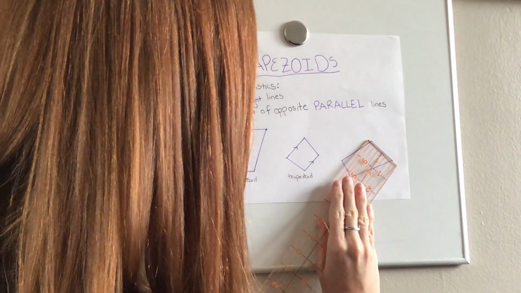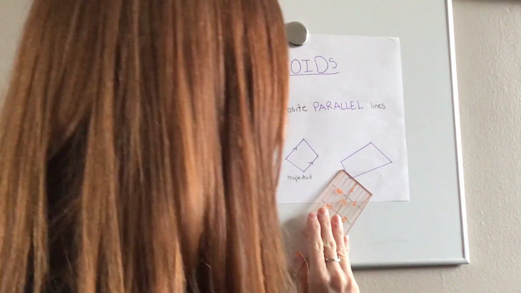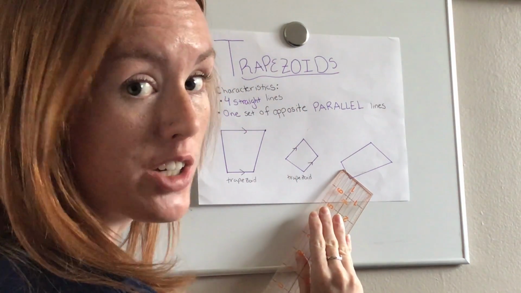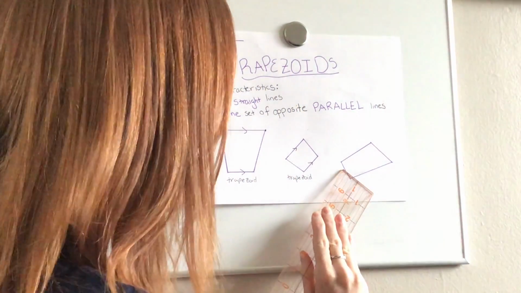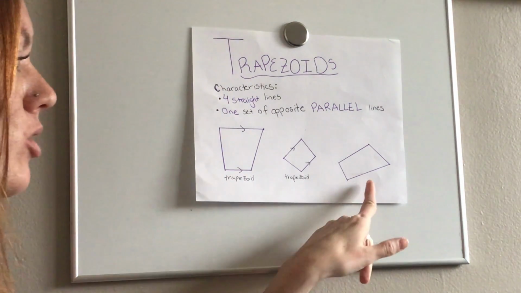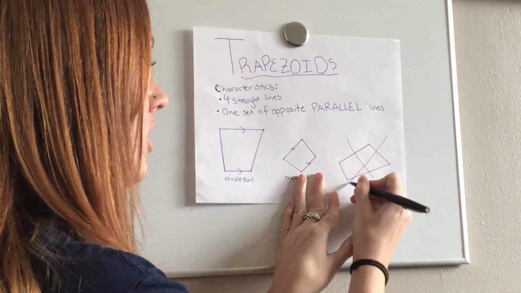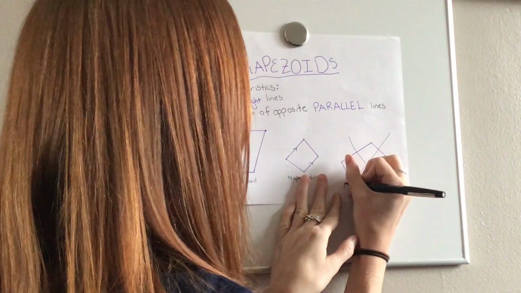Take my straight edge here, lined up, bring it slowly down. Those lines are not parallel. They will intersect. They're not lined up perfectly. This shape has no parallel lines, so it is not a trapezoid.